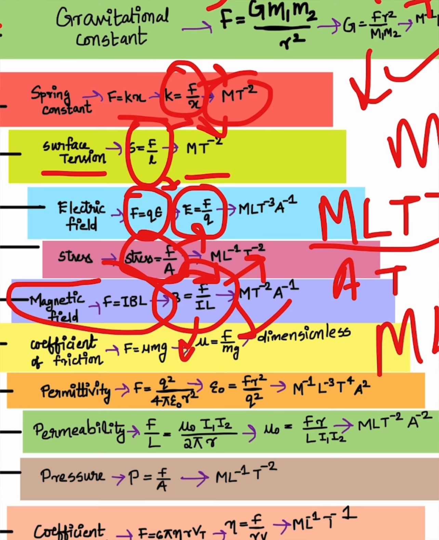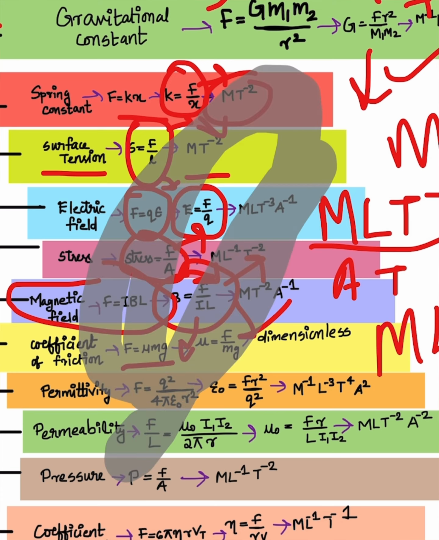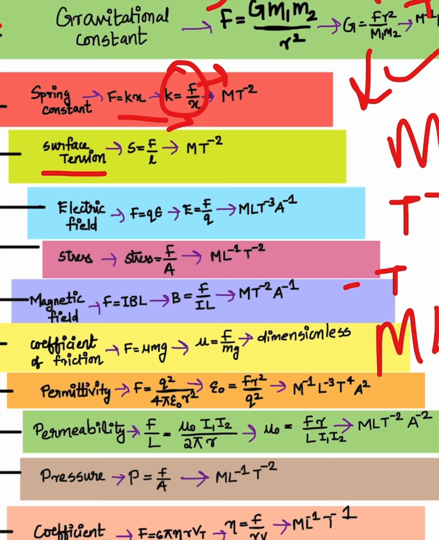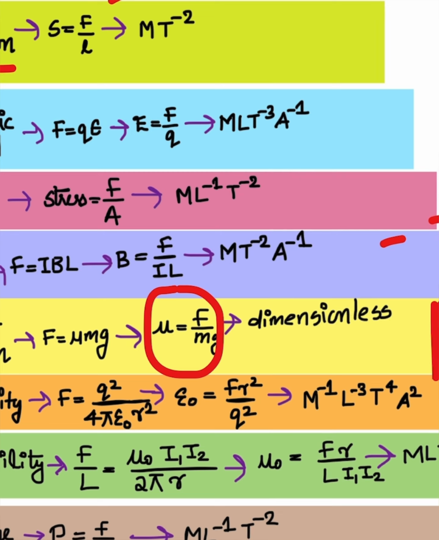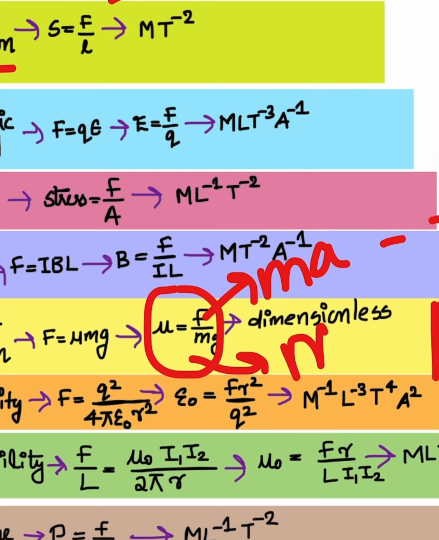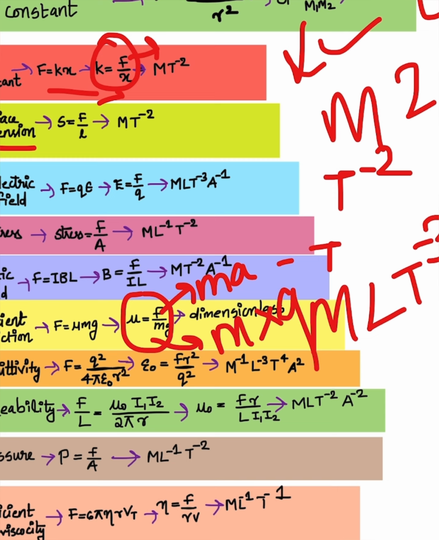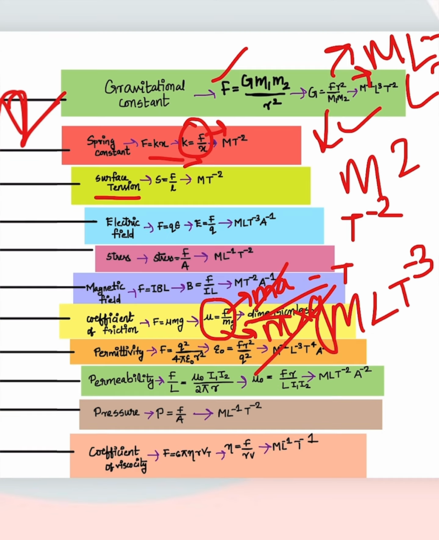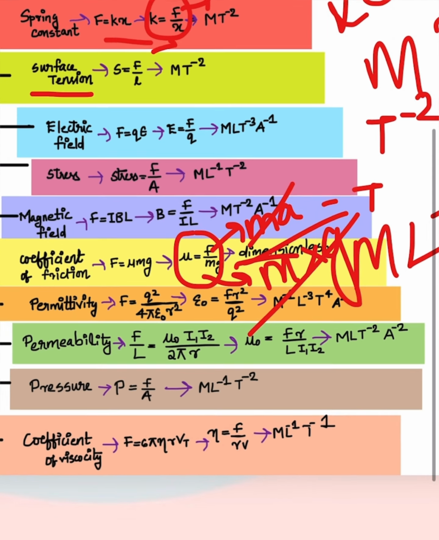Okay, and coefficient of friction: F is equal to mu mg, that is mu is equal to F divided by mg. F is equal to ma, mass into acceleration, and g is the acceleration of gravity. Ma divided by mg will cancel out, and coefficient of friction is dimensionless.